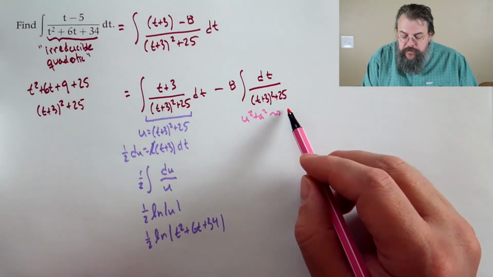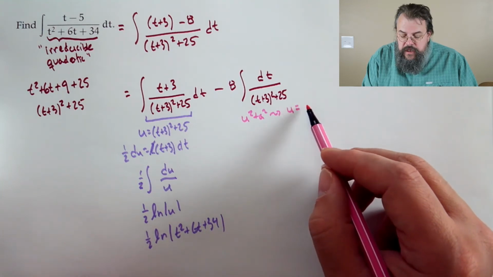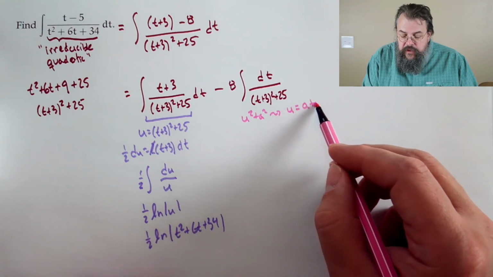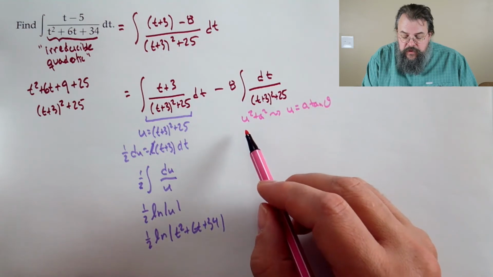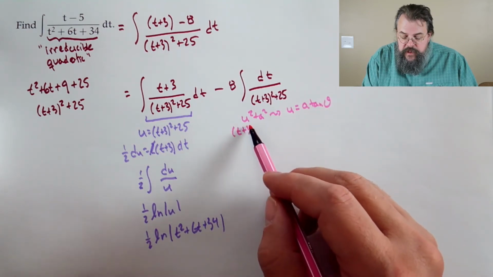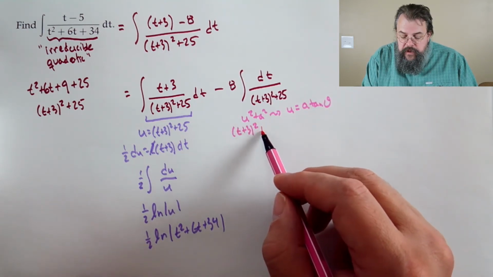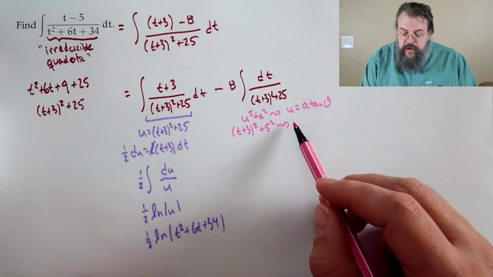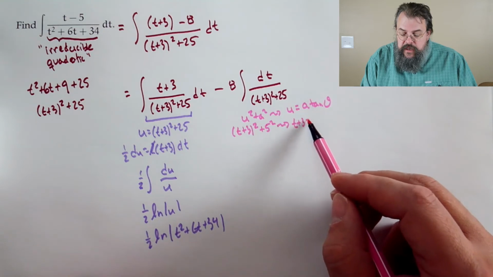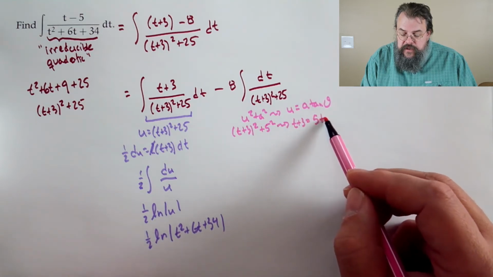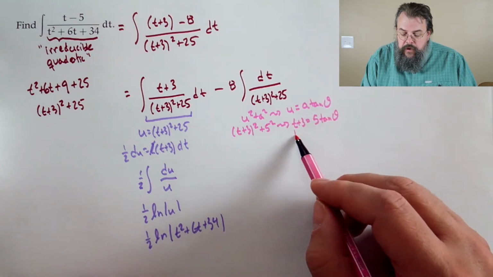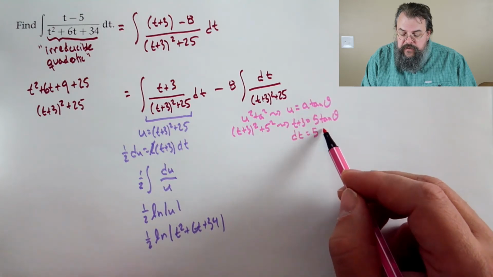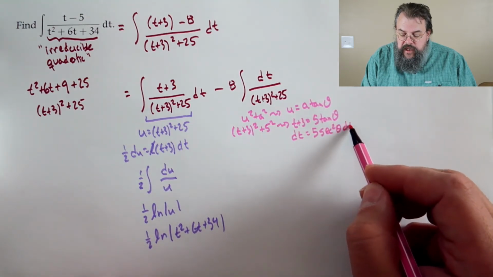Okay, so the form is u should be a tangent theta. So in our case, (t+3)^2 + 5^2, because 25 is 5 squared, says we should let t+3 equal 5 tangent theta. Then dt should equal 5 secant squared theta d theta.